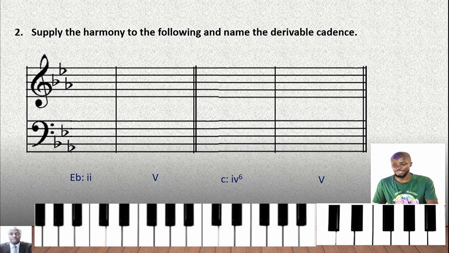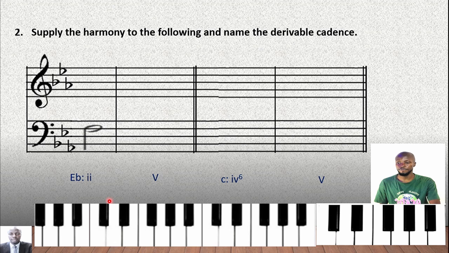So in the first case, the first thing you need to do is to identify the key of the piece of music. And of course, the first one is on E flat, right? So the chord 2 of E flat, and that's F, right? It starts with F. So F is going to be our bass note, and B flat is going to be our bass note here, right? So that's what it means. So from F to B flat.